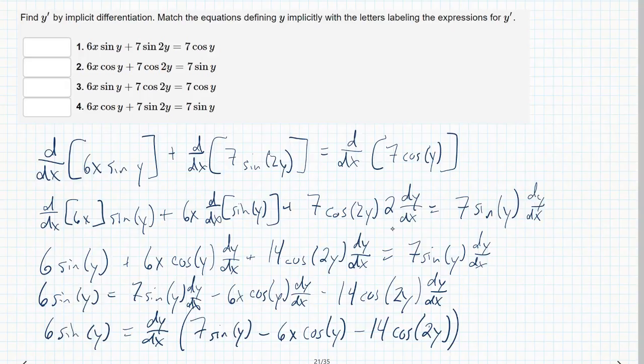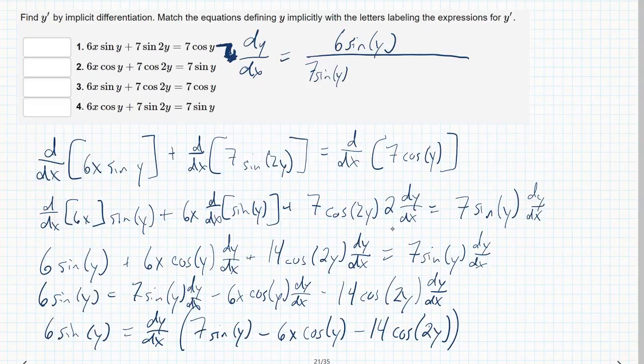So the way to solve it from there is to divide both sides by what's appearing multiplied by dy dx on the right hand side. All of the others are going to be slightly different, just a slight variation. dy dx equals 6 sine of y divided by 7 sine of y minus 6x cosine of y minus 14 cosine of 2y.